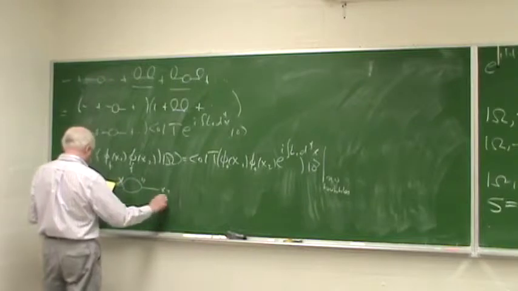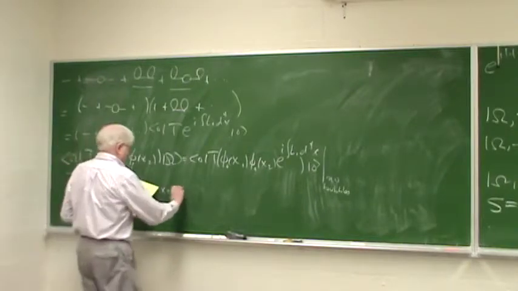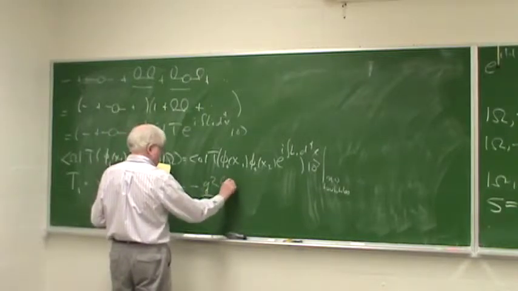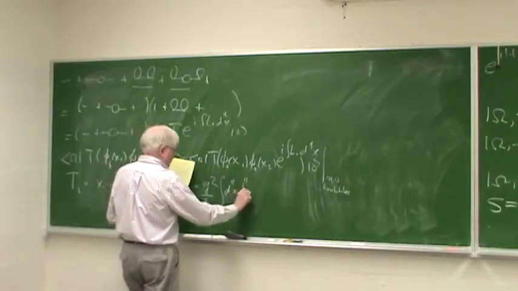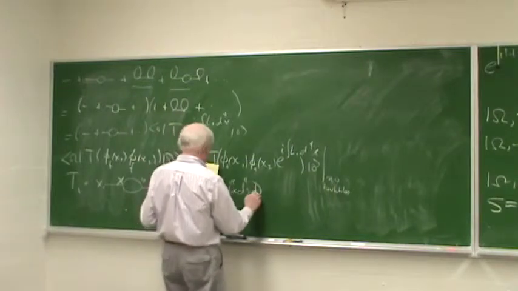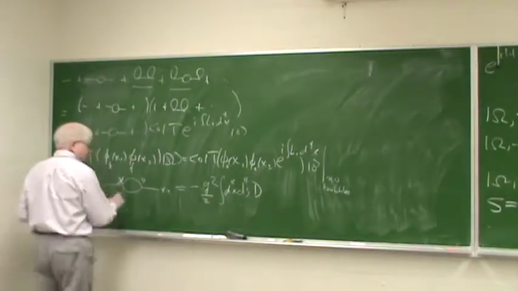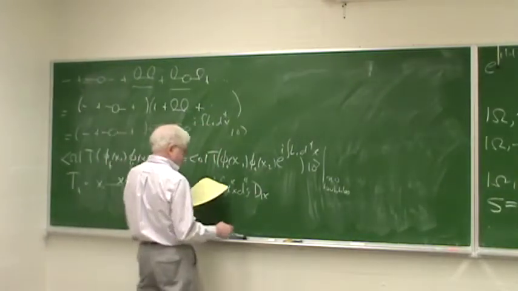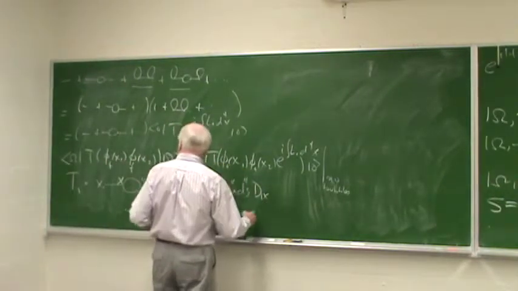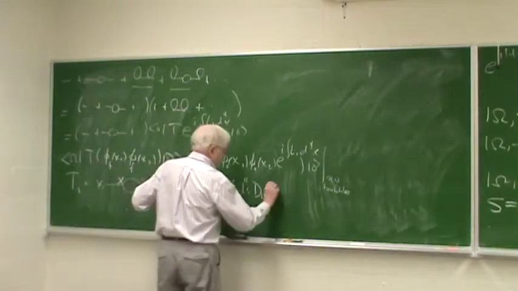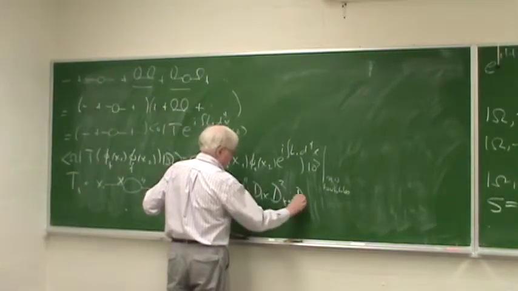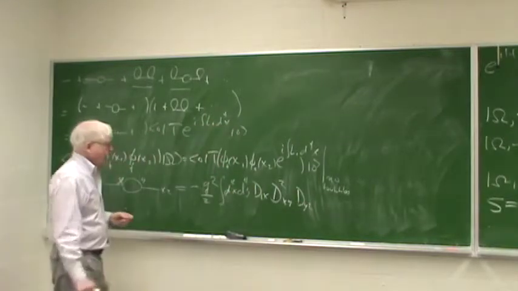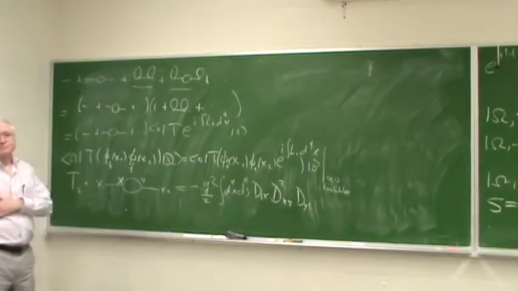And this term is minus g squared over 2, integral d^4x d^4y. This thing here is D(x1, x), this part is D(y, x2), and then these two are D squared (x, y).